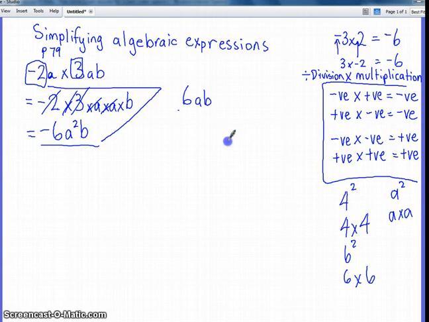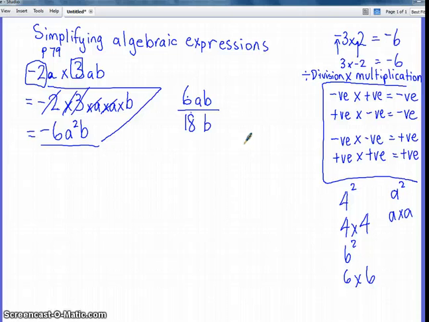6ab divided by 18b. Okay. Again, we expand it out. Can we simplify 6 over 18? What can we simplify that to, Jaden? 3?